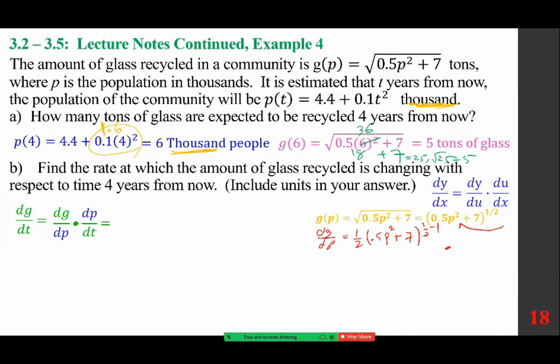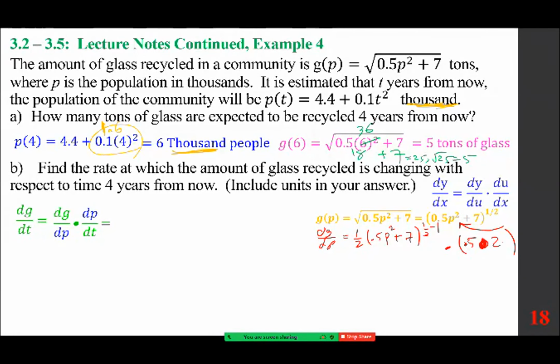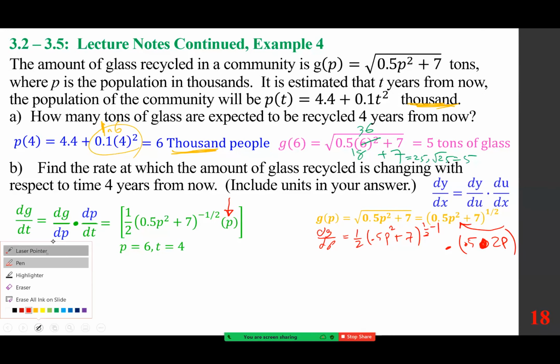And then I need to tag along the derivative of the inside. The derivative of the inside is 0.5 times p squared gives me 2p. So this 0.5 times 2p is this. And 1/2 minus 1 is negative 1/2. 0.5 times 2p gives me p.